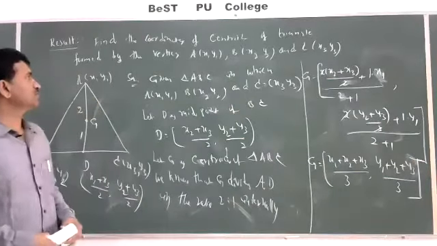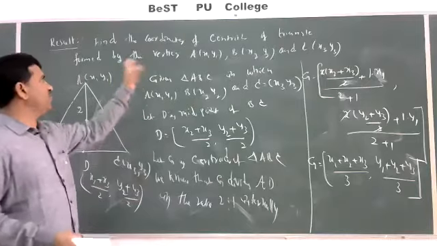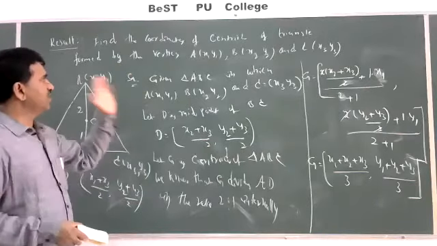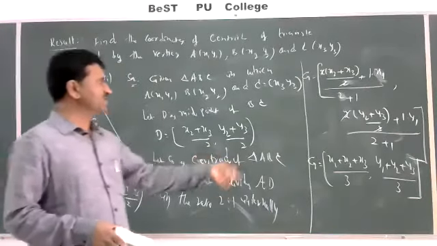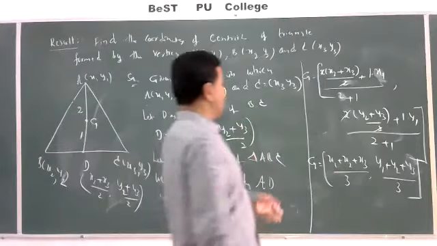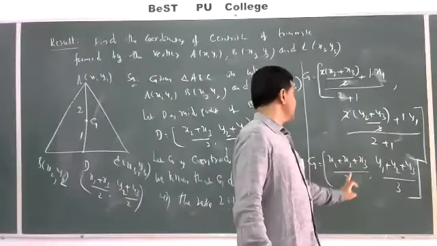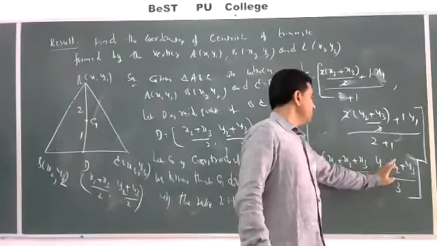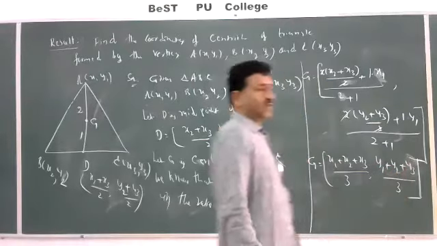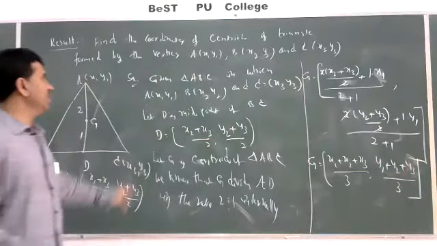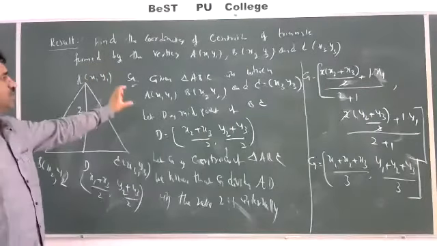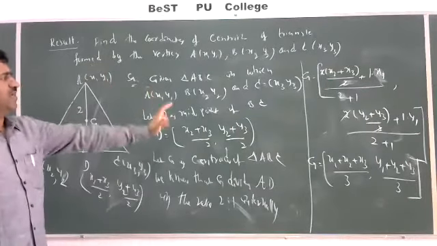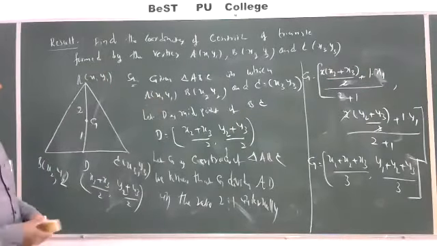Centroid formula: the centroid of the triangle formed by the vertices A (x1, y1), B (x2, y2) and C (x3, y3) is ((x1 + x2 + x3)/3, (y1 + y2 + y3)/3). So that is all about the median and centroid and how to find the centroid.